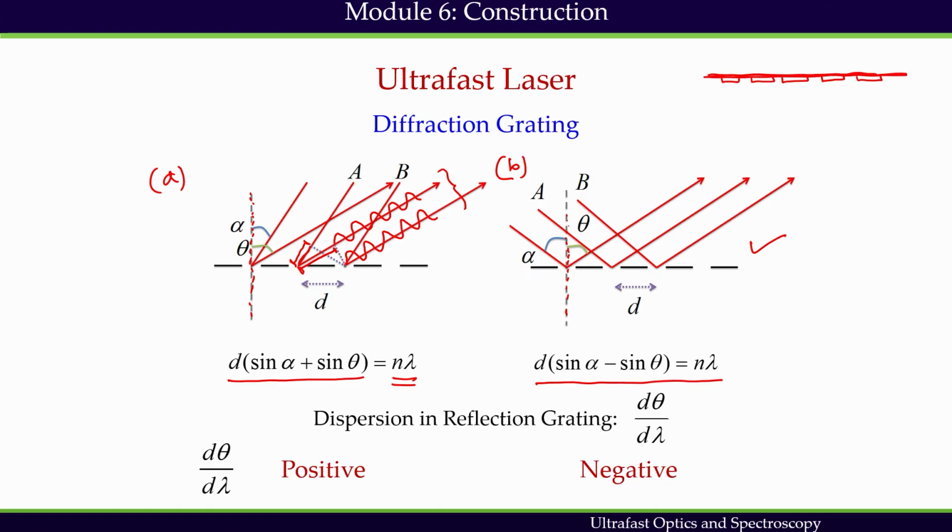Here d is the spacing between slits, and 1 by d represents the number of slits per unit length, n is the order of diffraction, and lambda is the wavelength.